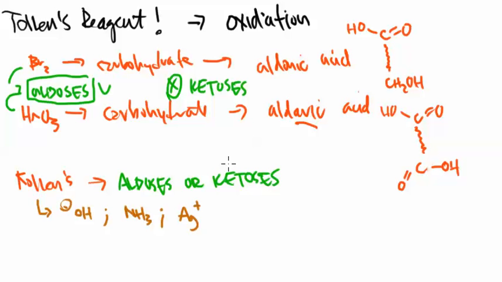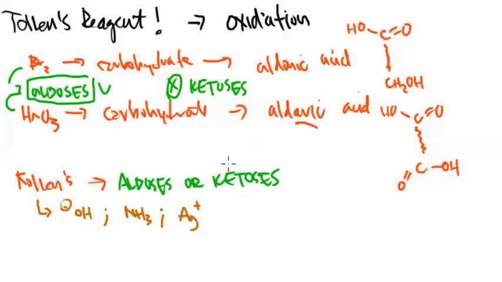So the Tollens reagent, we use it to determine whether a known carbonyl compound is an aldehyde or ketone mainly. But because we're talking about aldehydes and ketones as far as the sugars go, these have aldehyde and ketone groups, so we should be able to use the Tollens reagent in order to do that as well.